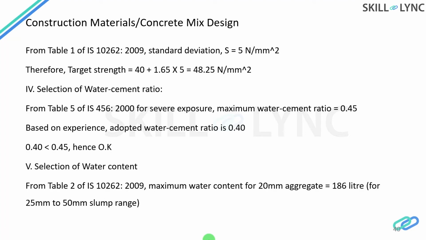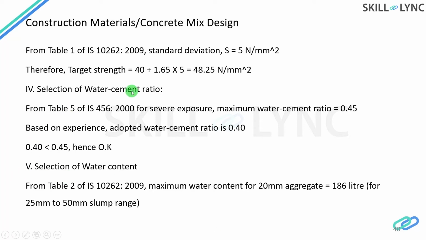So from table 1 of IS 10262 2009, the standard deviation is taken for M40 grade concrete as 5 Newton per mm square. Therefore, the target strength is equal to 40 plus 1.65 into 5, which is equal to 48.25 Newton per mm square. So we have calculated the target strength.